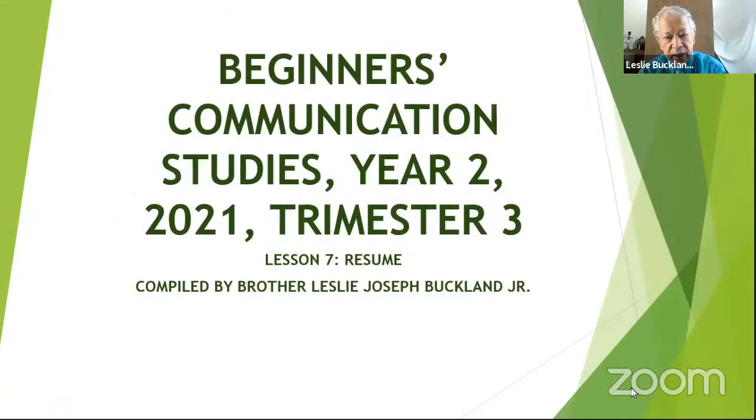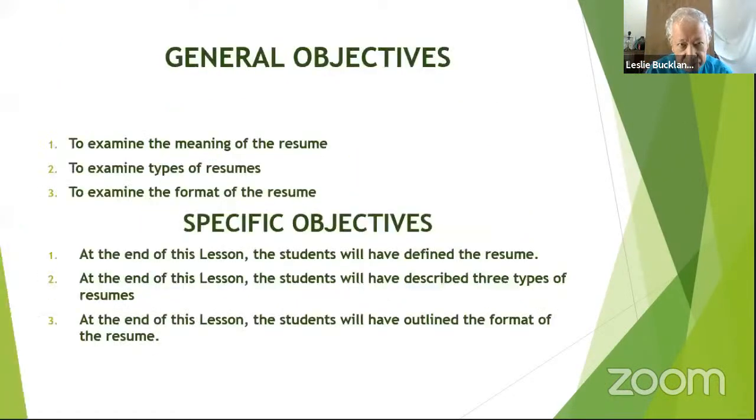Okay, we're now looking at lesson number 7, entitled Resume. The general objectives of this lesson are: 1, to examine the meaning of the resume. 2, to examine types of resumes. 3, to examine the format of the resume.